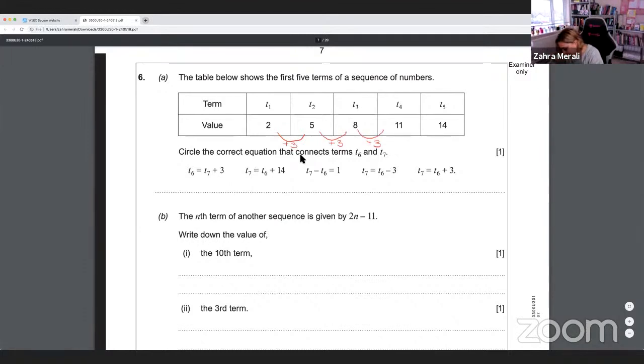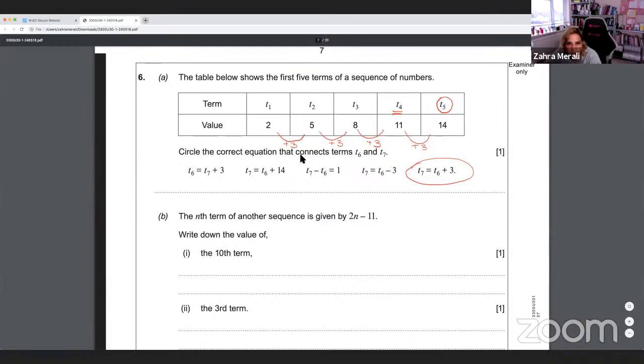I add 3. I add 3. Okay, so to get to T5, it's T4 add 3. So T7 would be T6 add 3, which is this option here.